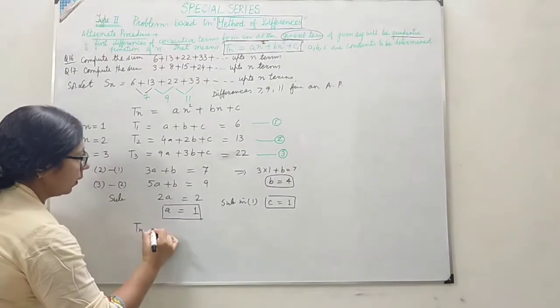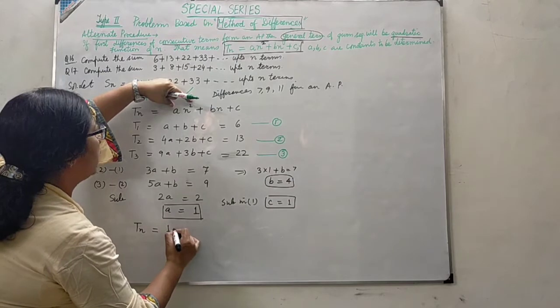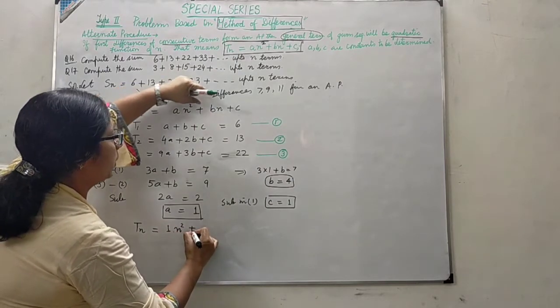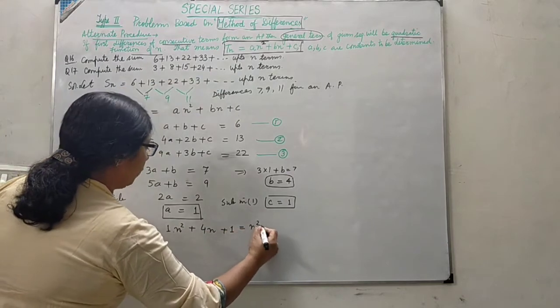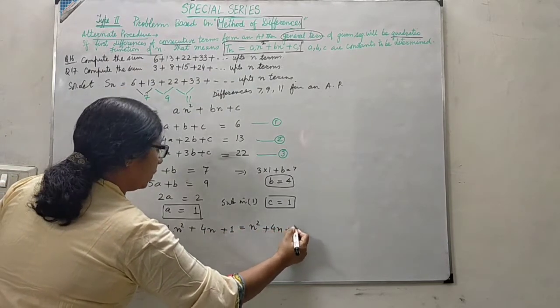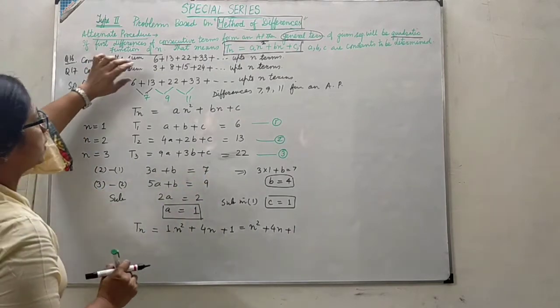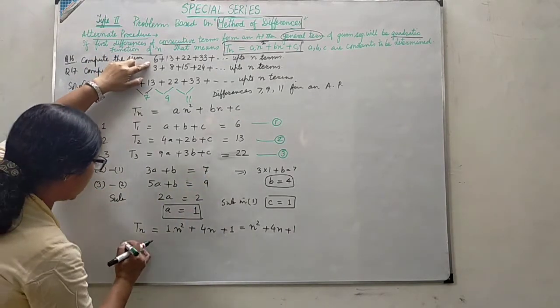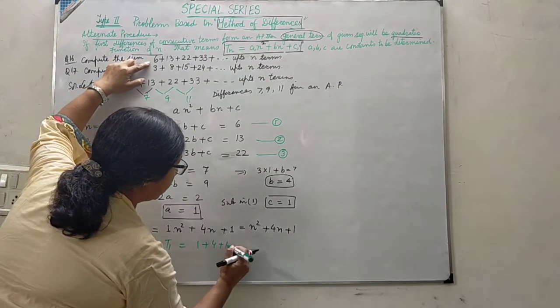So our Tn comes out to be n square, with A value 1, plus 4n with B as 4, plus C as 1. Suppose you have got the nth term and you want to verify it, as you may make some mistake. If I substitute n as 1, T1 becomes 1 plus 4 plus 1, that is 6.